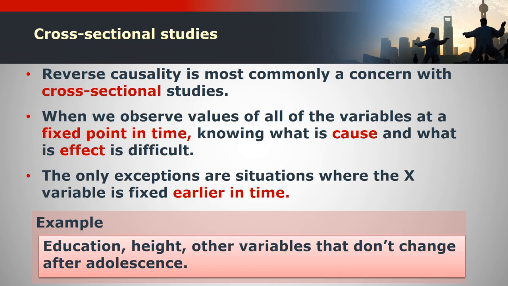At least we don't have to worry about the possibility that it's reverse causality at work. It could be that there's a spurious relationship produced by omitted variables, perhaps parental characteristics influence both education and current income. But again, we don't necessarily have to worry that it's reverse causality.